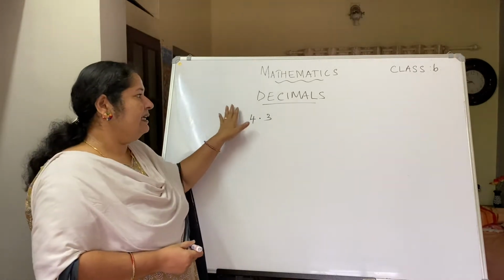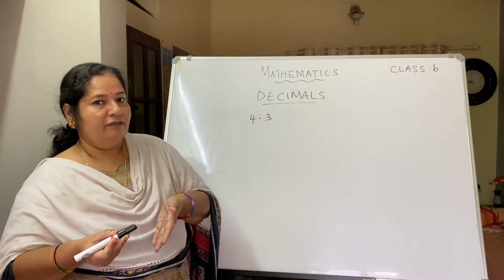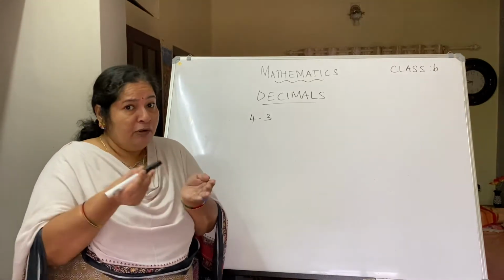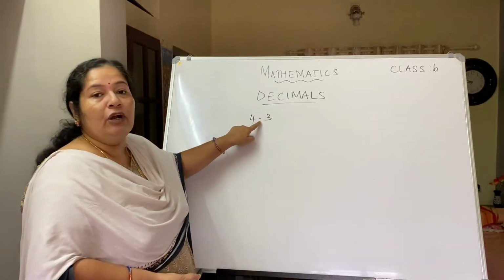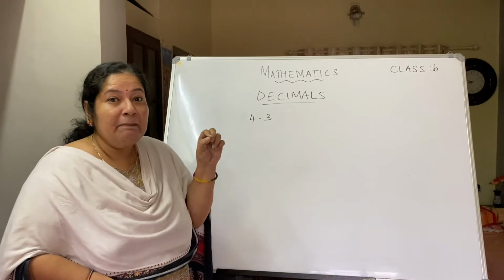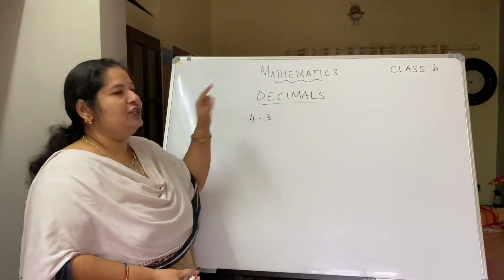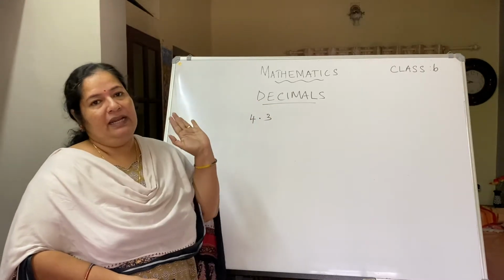This means that this is not the whole 4 but 4 and some more part along with it. And this dot we call the decimal point. So if you come across such numbers, these represent a decimal.